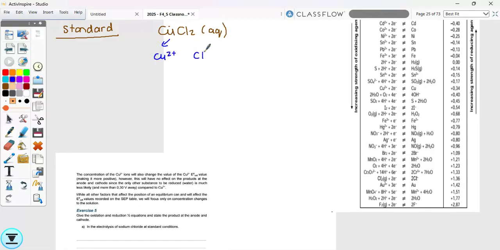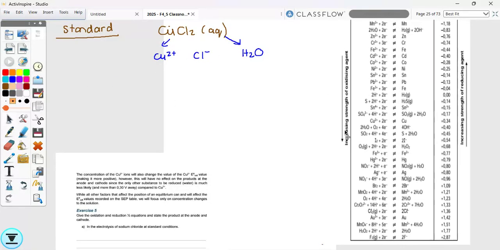Cu2+, Cl-, and the aq tells me I have to look for water. You'll get so used to the water reactions. The two that we use, you can basically immediately highlight, because it's this one on the oxidizing agent side and this one on the reducing agent side. Those are the two waters we're going to use.